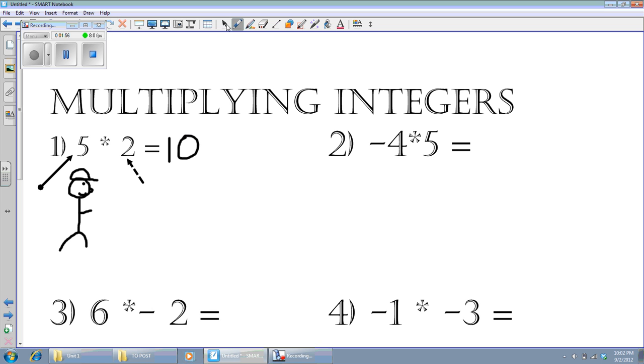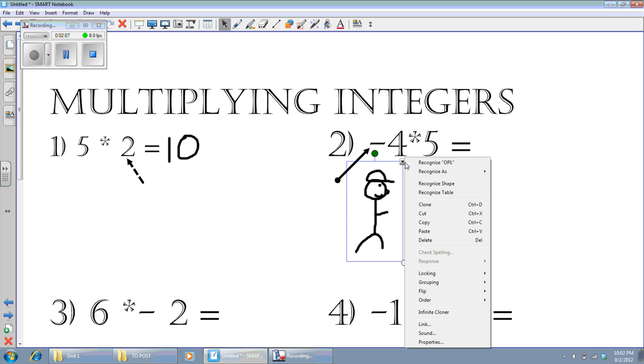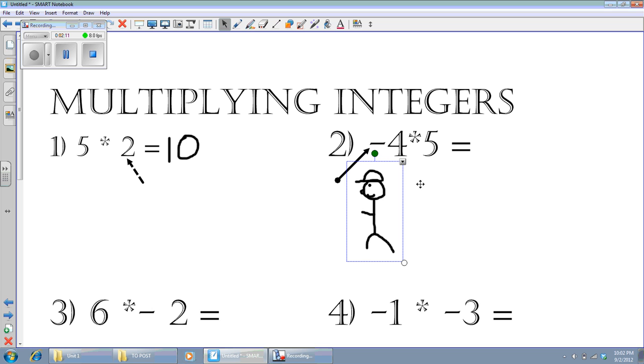All right, now on this next one, number 2, -4 times 5. I've got Bobby facing the wrong way, don't I? Bobby needs to flip, Bobby, flip, I say. He's got to face the negative numbers. And he's going to do 4 groups of movements.